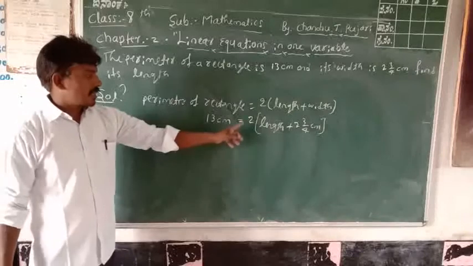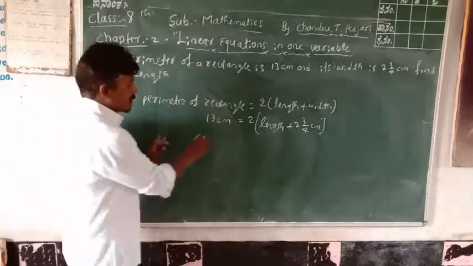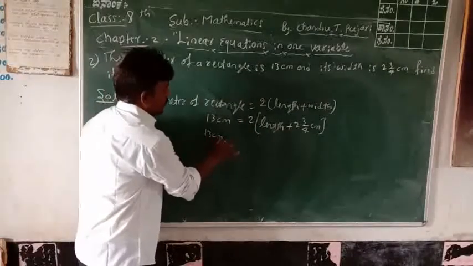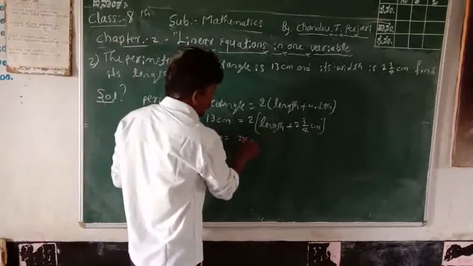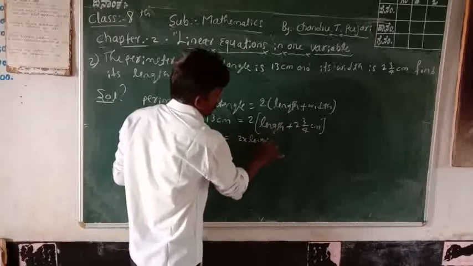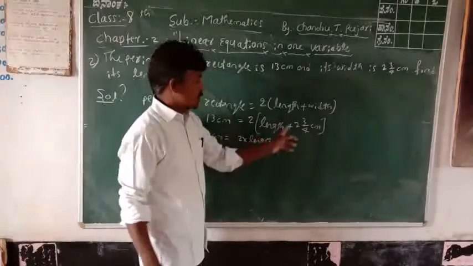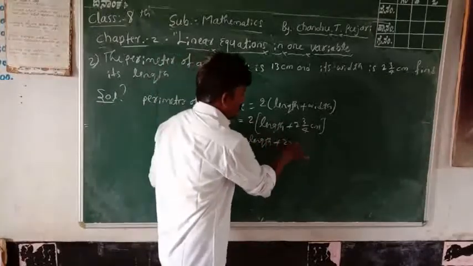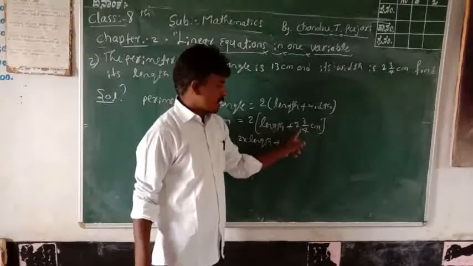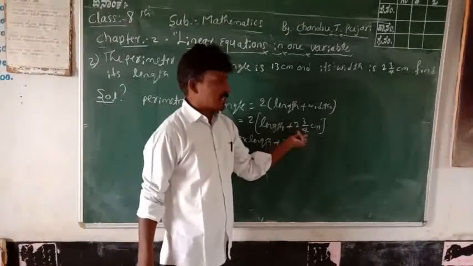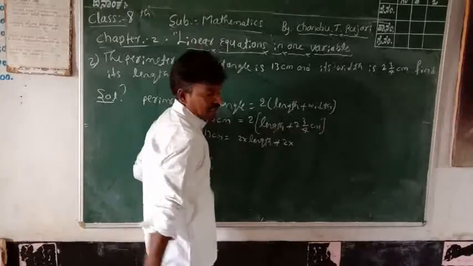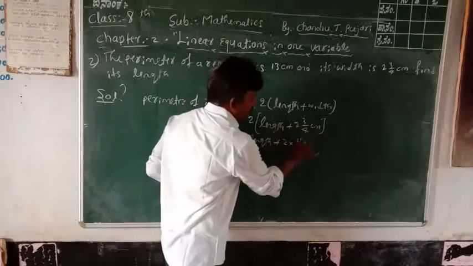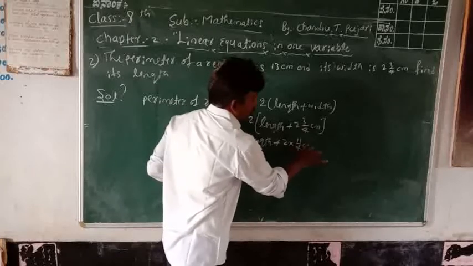You can convert this mixed fraction into an improper fraction: 4 twos are 8, 8 plus 3 is 11 by 4 centimeters.